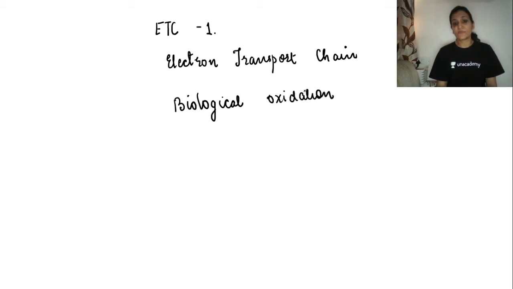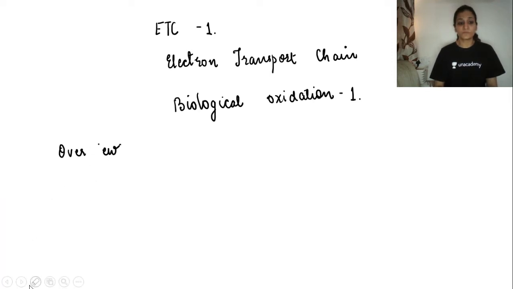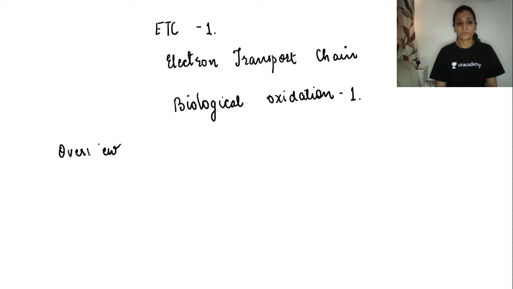And as this is the first part of electron transport chain, this is the first part of biological oxidation. So what all things we are going to see in this, the overview of the topic. What you should know is oxidation.